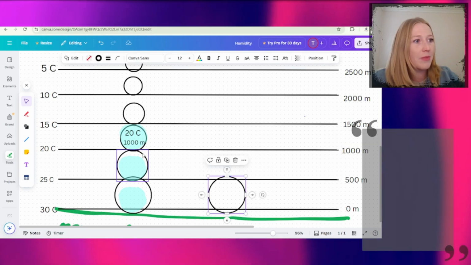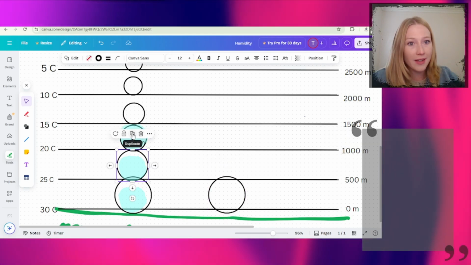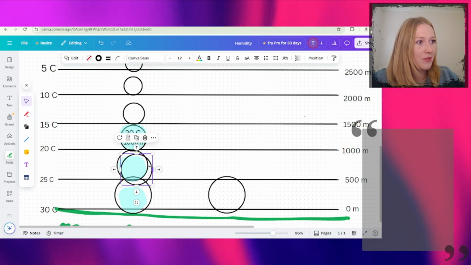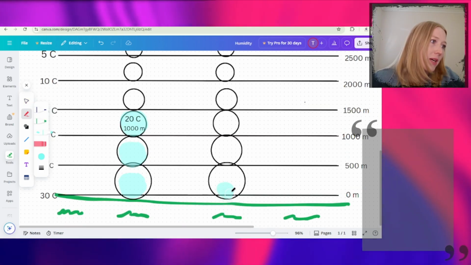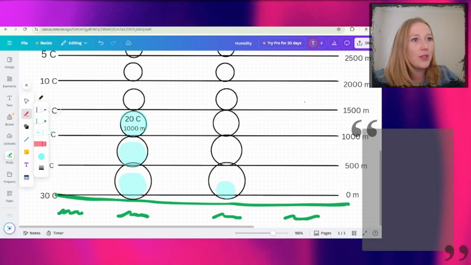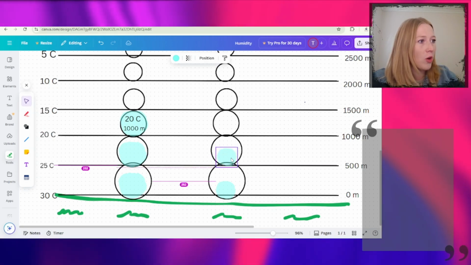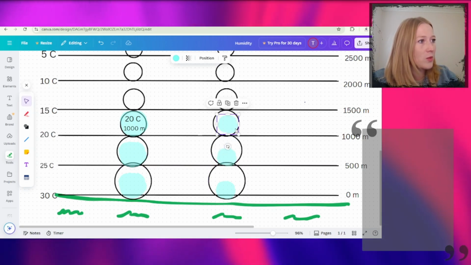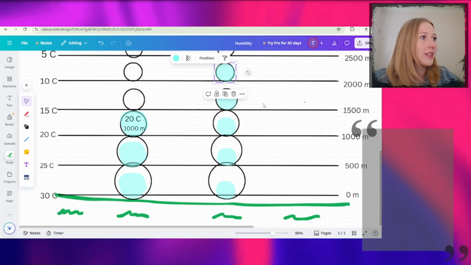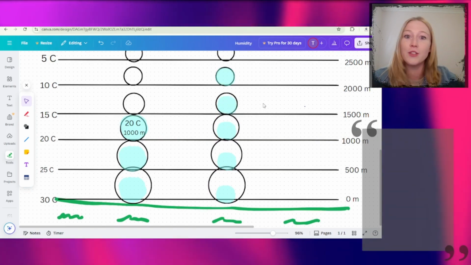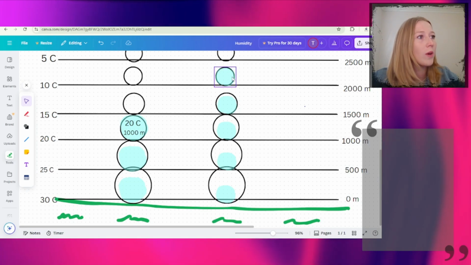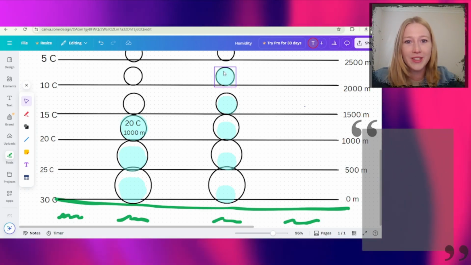If we have the same thing happening with less water in the atmosphere, let's say about there, and then as it rises up, the air can hold less and less water vapor until it is at 100%, it is full, it can't hold any more, and then it is saturated.